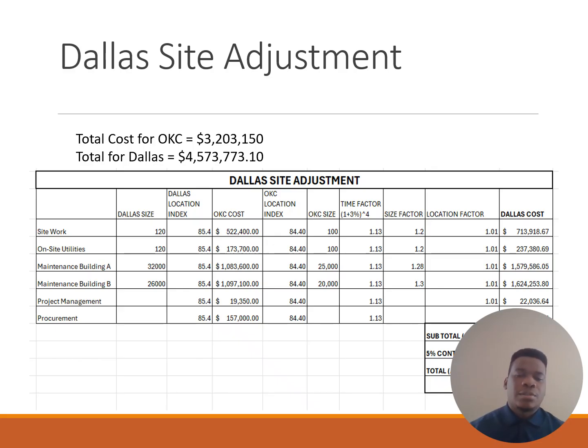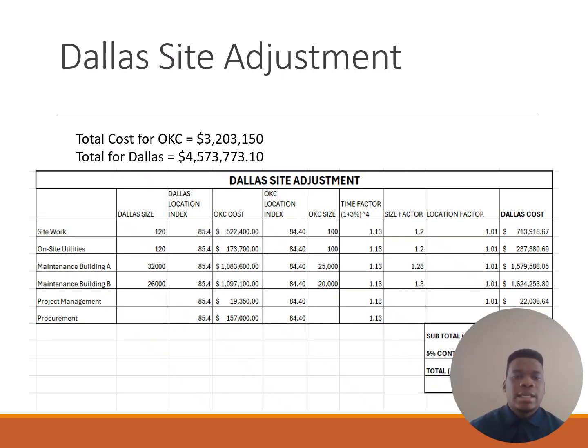This slide shows the cost adjustment for the Dallas, Texas site where construction is set to take place 4 years from now. We included a time factor based on a 3% compound interest.